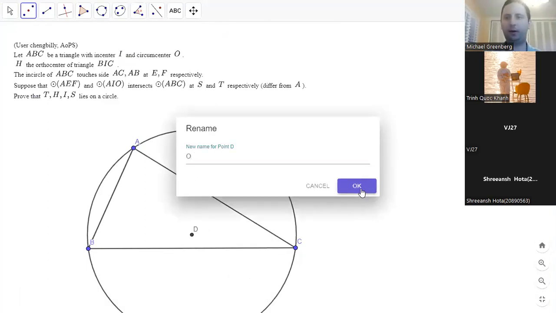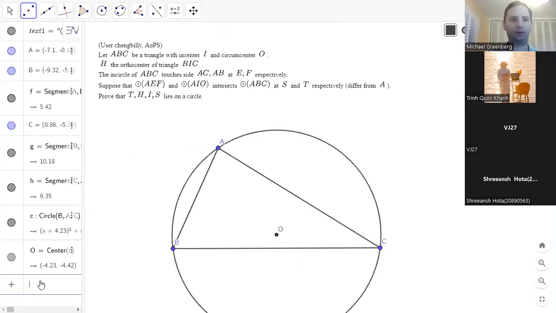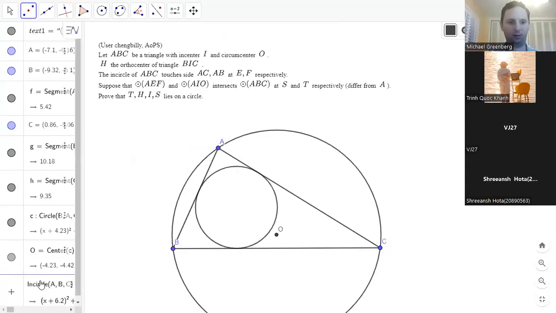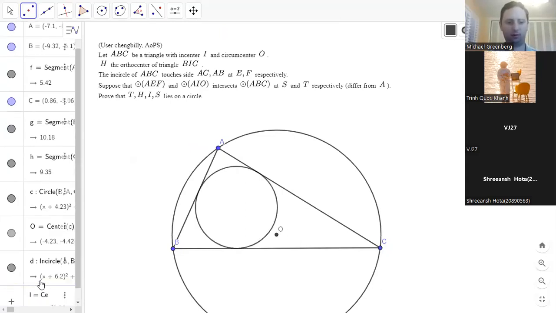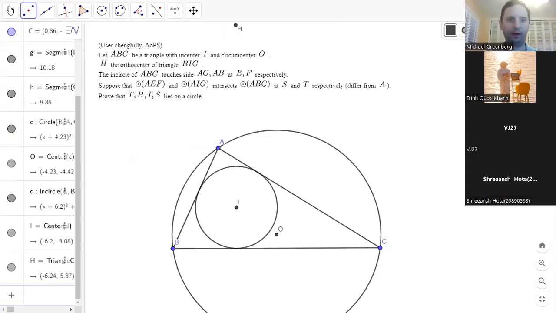So I've seen a lot of problems where it has the orthocenter of BIC. I feel like that's a common configuration. Whoa, so H is way up there.